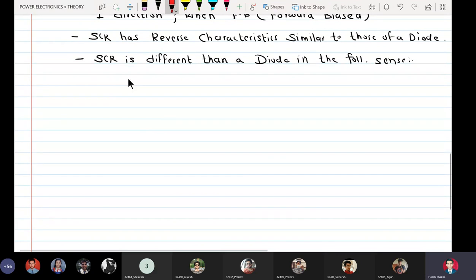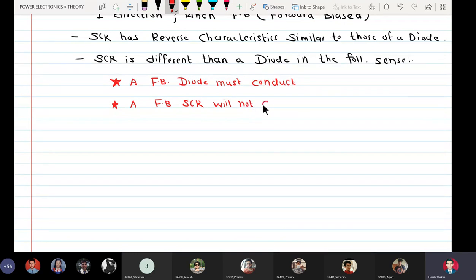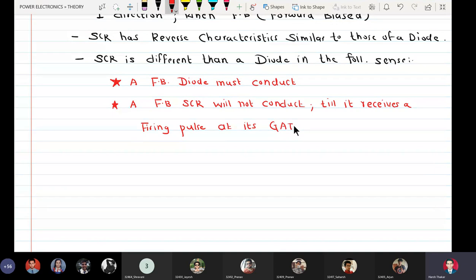Okay, that is, a forward biased diode must conduct, and a forward biased SCR will not conduct till it receives a firing pulse at its gate terminal.